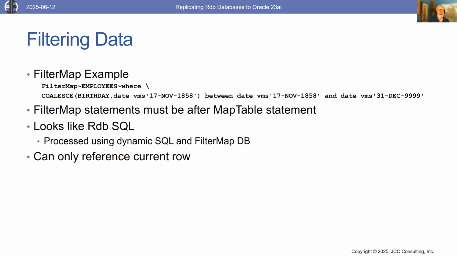When we started looking at how to add filter capabilities, we decided that RDB has really nice SQL syntax for doing filtering criteria and predicates, and we could just use that. So everything that you see here is RDB SQL. And essentially we process it using dynamic SQL and the filter map database. So this can only look at the current row, it can't look at other rows.